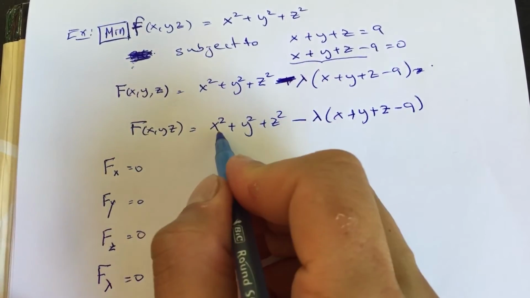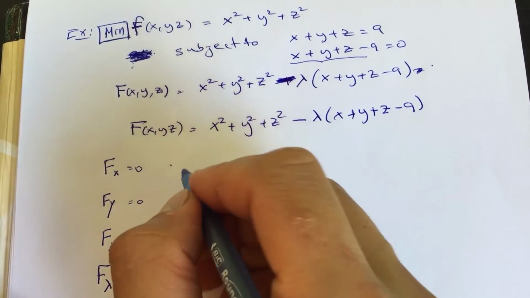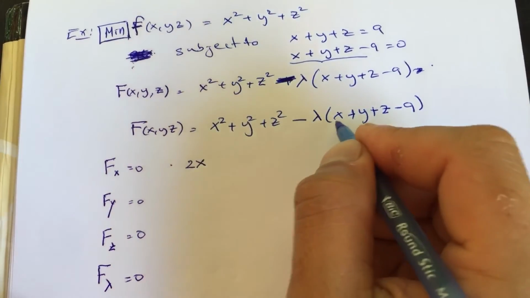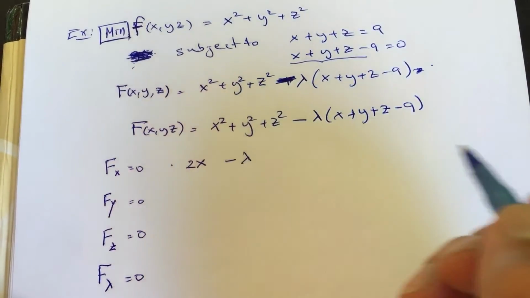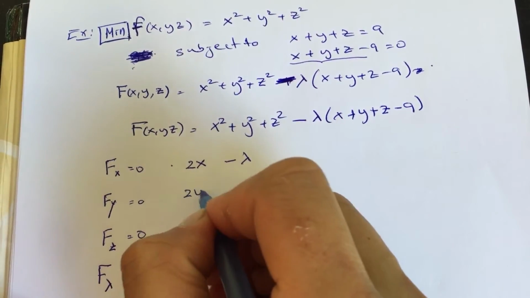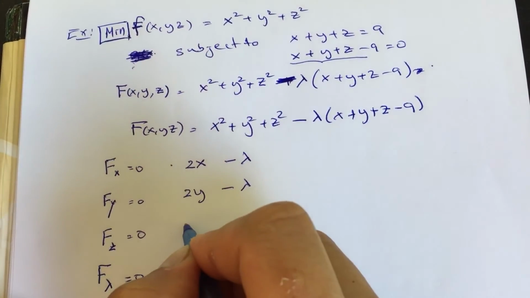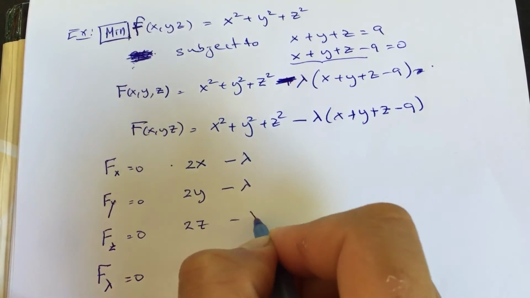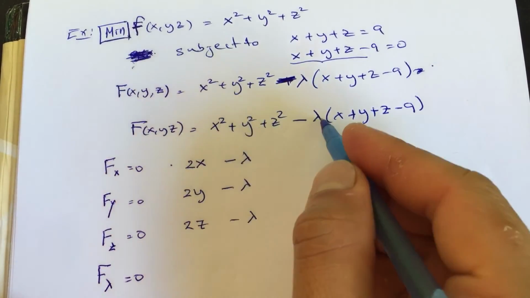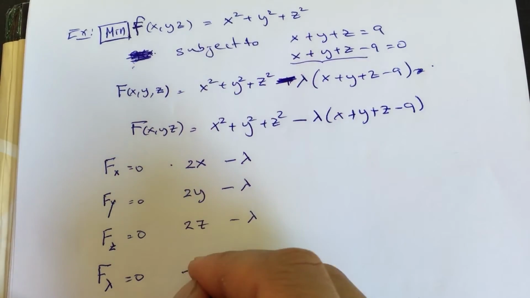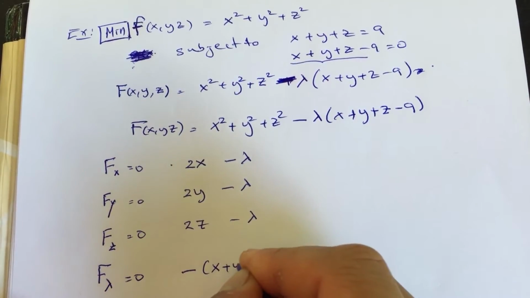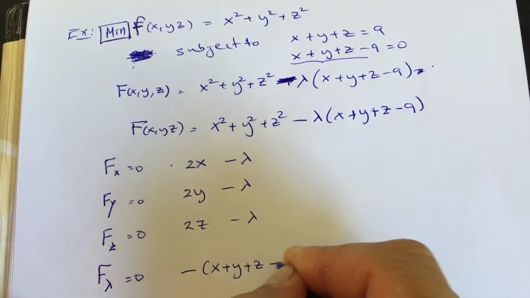So here, f sub x is 2x, and the derivative of the second part is minus 1, so this is minus lambda. And this is 2y minus lambda, and 2z minus lambda. If we take the derivative with respect to lambda, we're left with minus x plus y plus z minus 9.